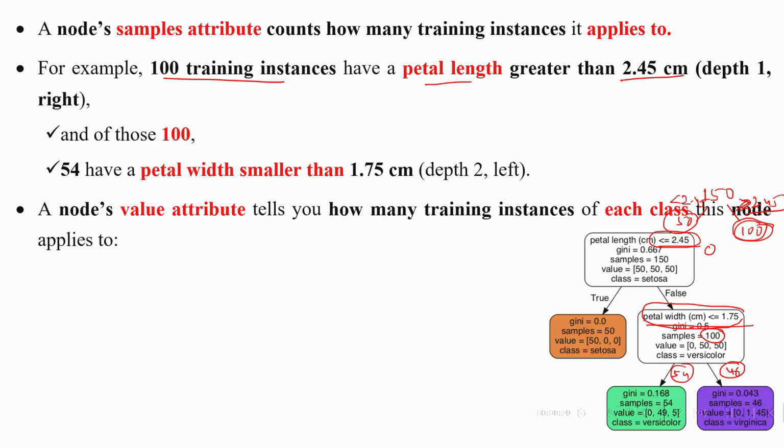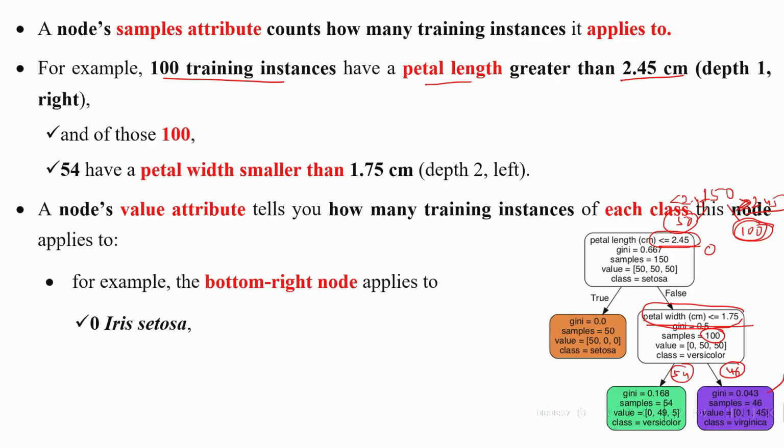Now, a node's value attribute tells you how many training instances of each class this node contains. For example, the bottom right node contains 0 setosa, 1 versicolor, and 45 virginica.